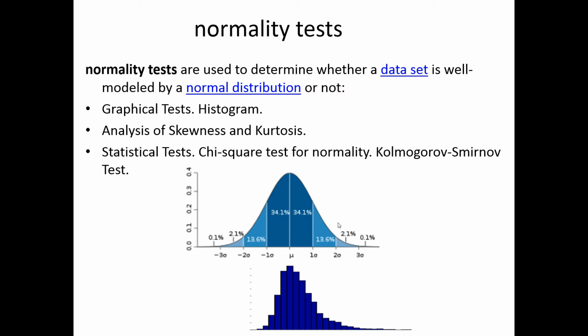But I will not talk about it in more detail. If it happens that your data is not normally distributed, for example, it is skewed in one direction, there are some simple ways that this problem can sometimes be solved.